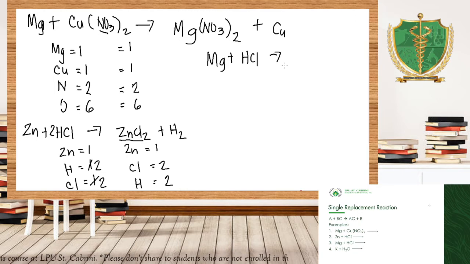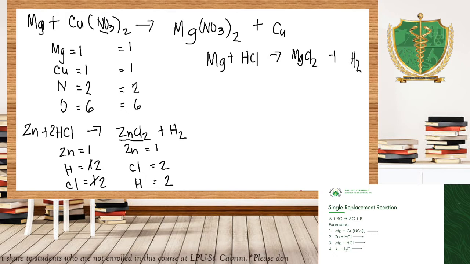When you drop magnesium ribbon in hydrochloric acid, it will form a very white color that is attracting to the eyes, and marirelease yung ating hydrogen. Therefore, the reaction will be magnesium chloride plus hydrogen. Hydrogen, nauusok siya. Yung usok na yan, that will be the hydrogen.